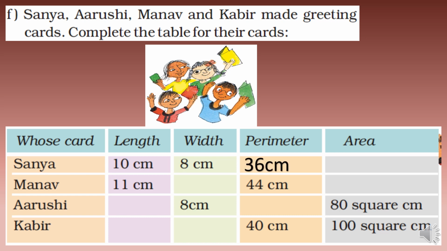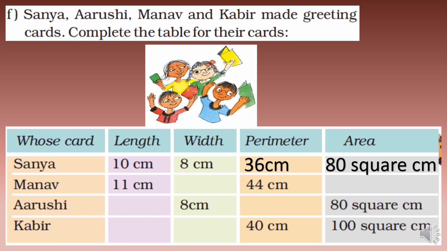In the same way, if we find out the area, the formula for area is length multiplied by width, that is 10 multiplied by 8, and that is equal to 80 square centimeter. So for Manav, the length is given and the perimeter is given.